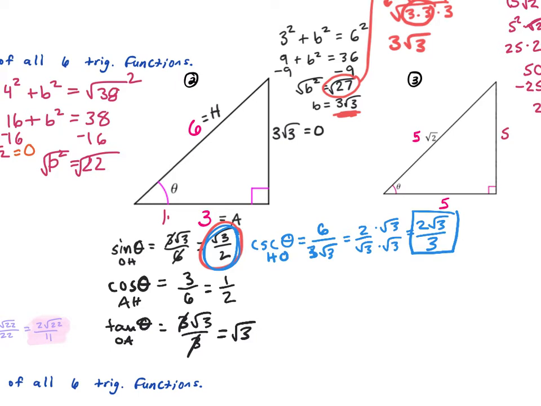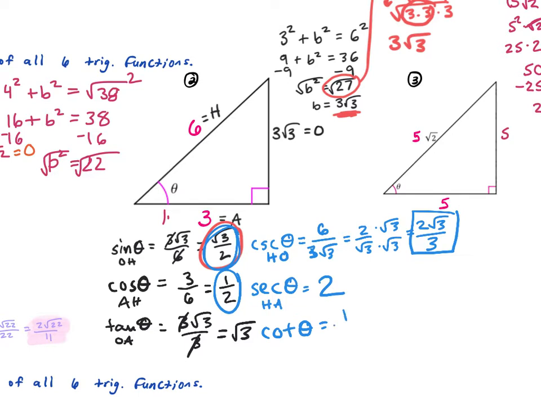All right, next we have secant. Secant is hypotenuse over adjacent, or we could just flip the cosine. So 1 over 2 would be 2 over 1, which is just 2. And then lastly, cotangent. We just flip tangent.